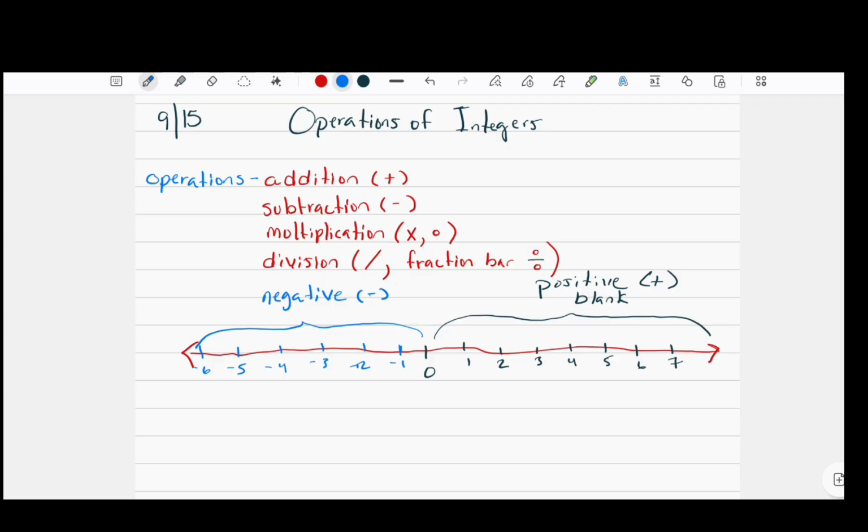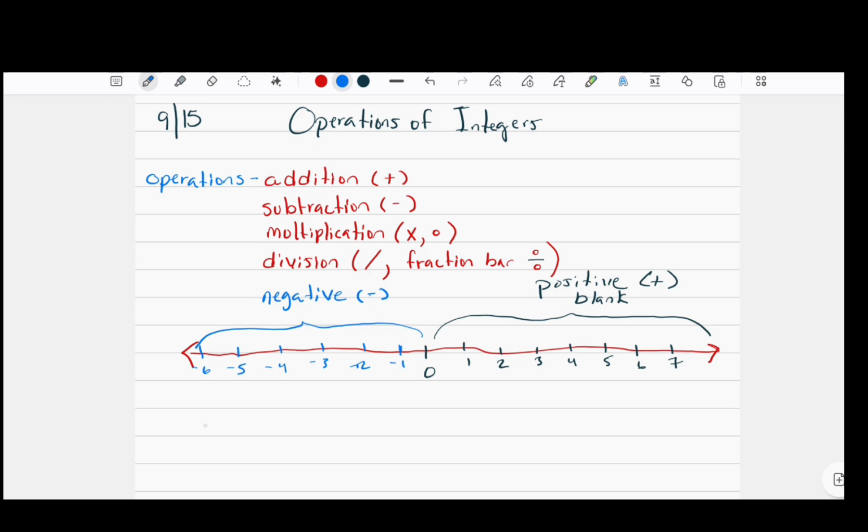All right? Now, integers are negative or positive counting numbers, or negative or positive whole numbers for what we'll be using them. And we're going to talk about add, subtract, multiplication, division of negative and positive whole numbers. Now, I want you to write this down.